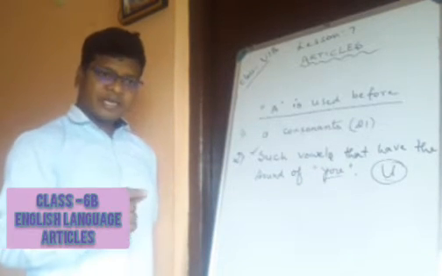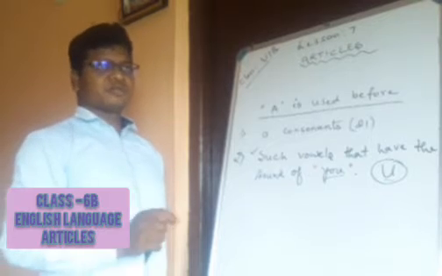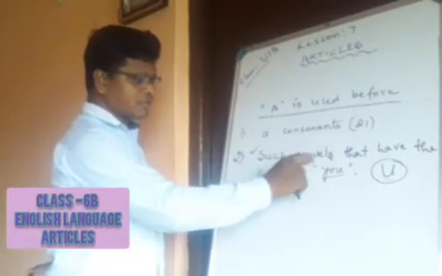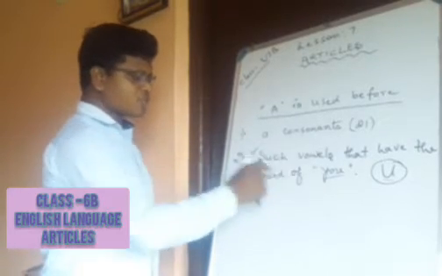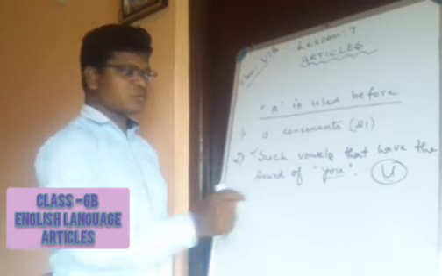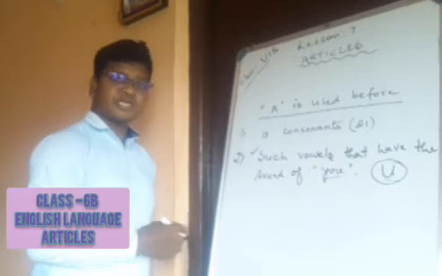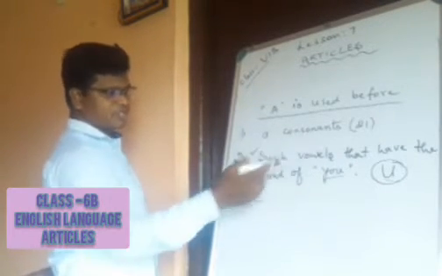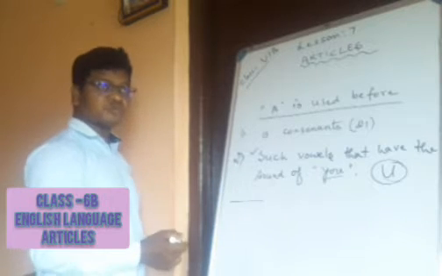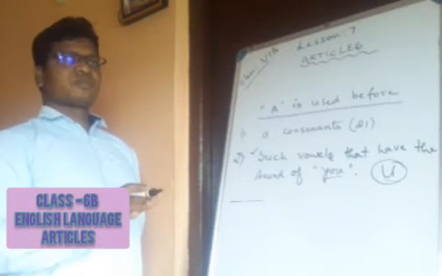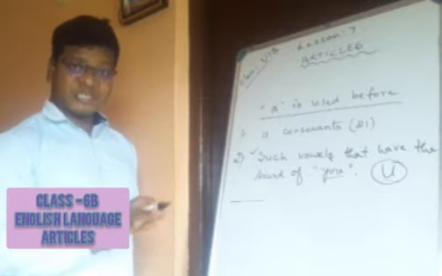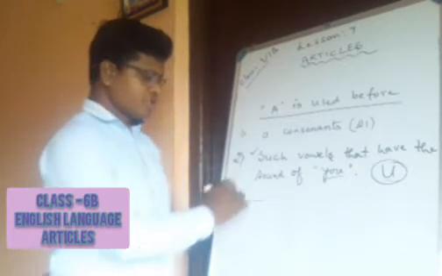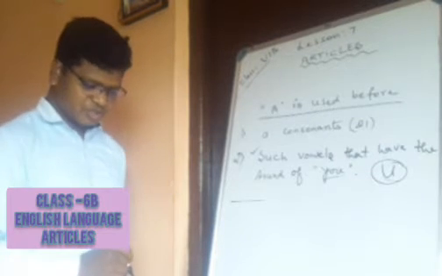If a word has a vowel, but its sound is like U, then you are going to place a before it. So just remember, such vowels that have the sound of U, if the word sounds like U, then you place a before it.